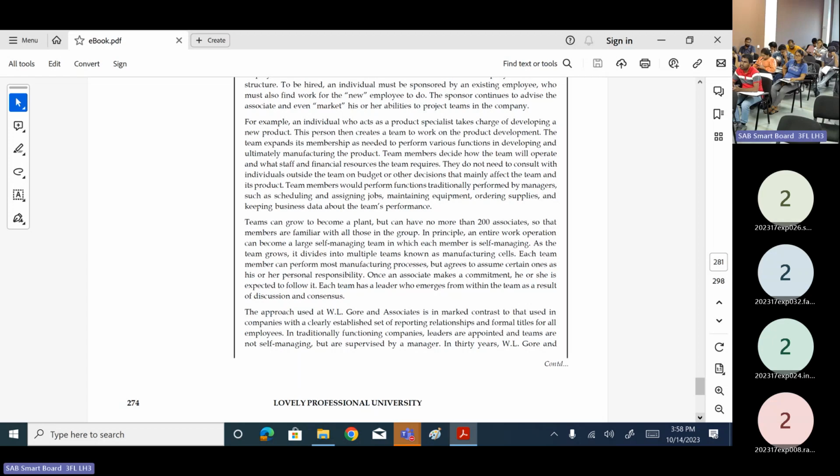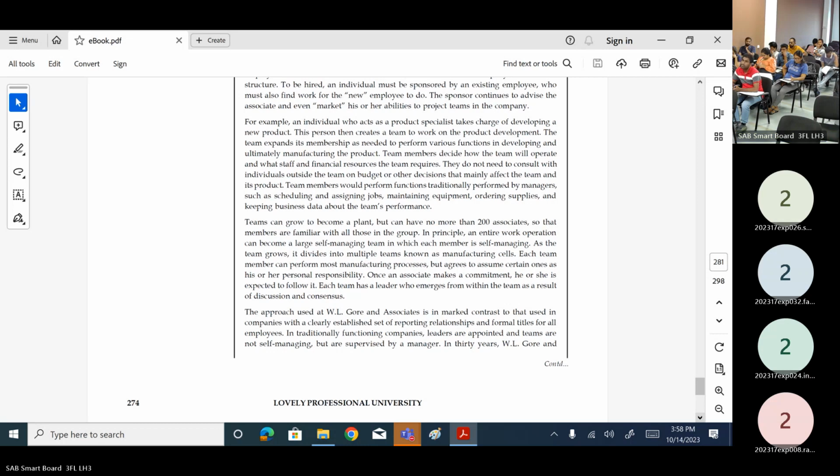The approach used here is in marked contrast to that used in companies with a clearly established set of reporting relationships and formal titles for all employees. Those are applicable to other organizations. Then that part can be used to organize your second answer.